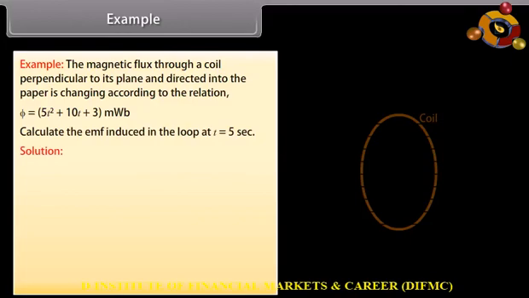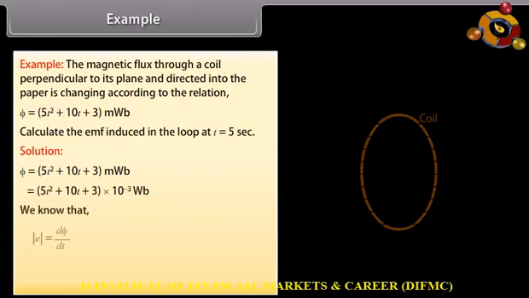Let's see the solution. Given Φ = 5t² + 10t + 3 milliweber, it can be written as Φ = (5t² + 10t + 3) × 10^-3 weber. We know that E = dΦ/dt.